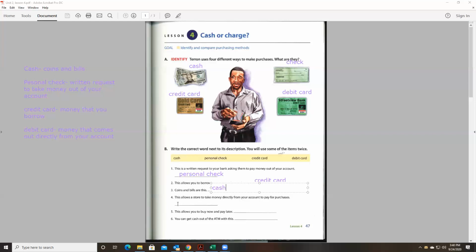Okay, that is a debit card. Number 5, this allows you to buy now and pay later.